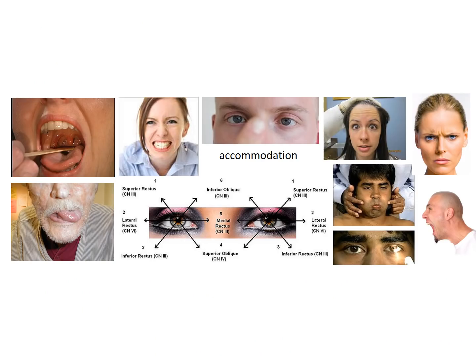So what you can do here is take all of these motor things that are being demonstrated and see if you can match each of those to a specific cranial nerve. We used this in the slide previously. So the person saying ah, the person moving the tongue, puffing out the cheeks, pupillary constriction, facial expressions, opening the mouth, etc. You should be able to match those to select cranial nerves.